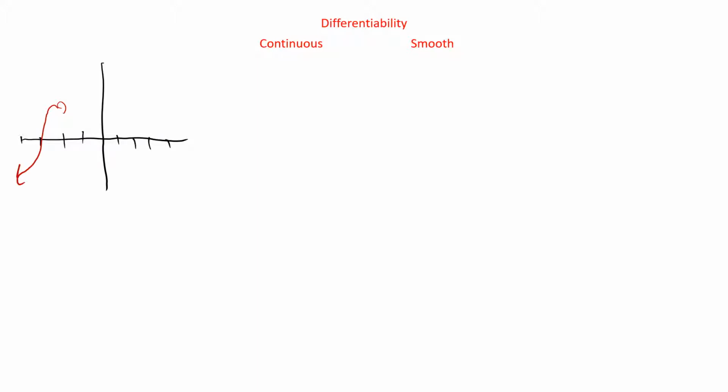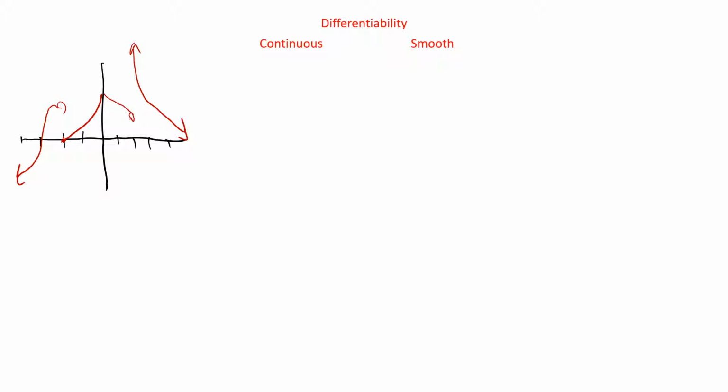Goes like that, and then starts here, and goes up like that, and then angles down here, and then goes like that. All right, there's a good graph. So we have a graph of a function.